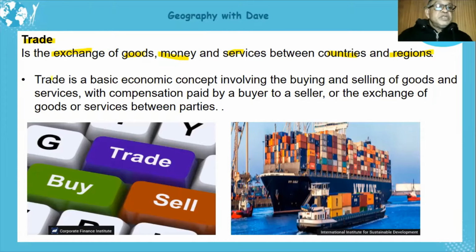So trade, another point to note, is a basic economic concept involving buying and selling of goods and services. So you sell goods. If I'm selling cars, that's a good. Services, transporting of those goods is a service.